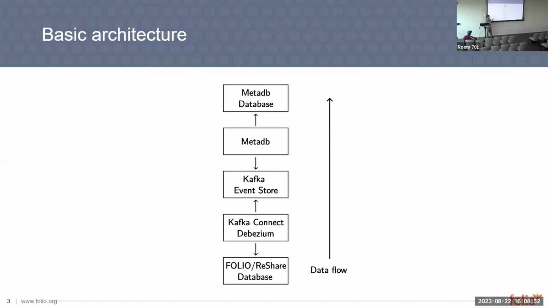And every change then is a change event, which gets put on the queue, and Metadb reads from the other end of the queue. So usually it takes at least a few seconds for data to flow all the way up. But that's the basic idea.